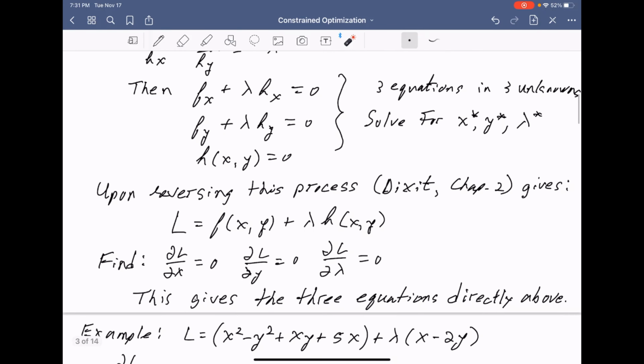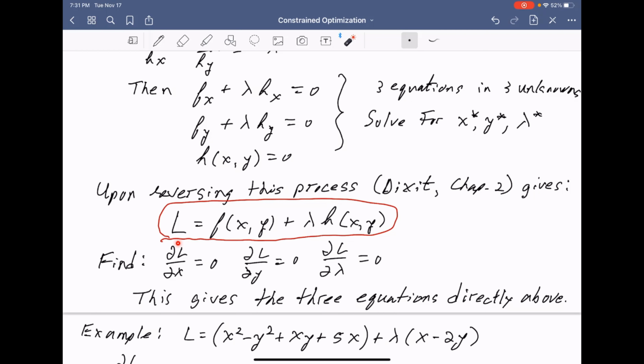Now, as shown by Dixit in chapter 2, we can reverse this process, and that gives us our Lagrangian. We get this Lagrangian here, which is equal to the objective function, f as a function of x and y, plus lambda times the constraint h of x, y.